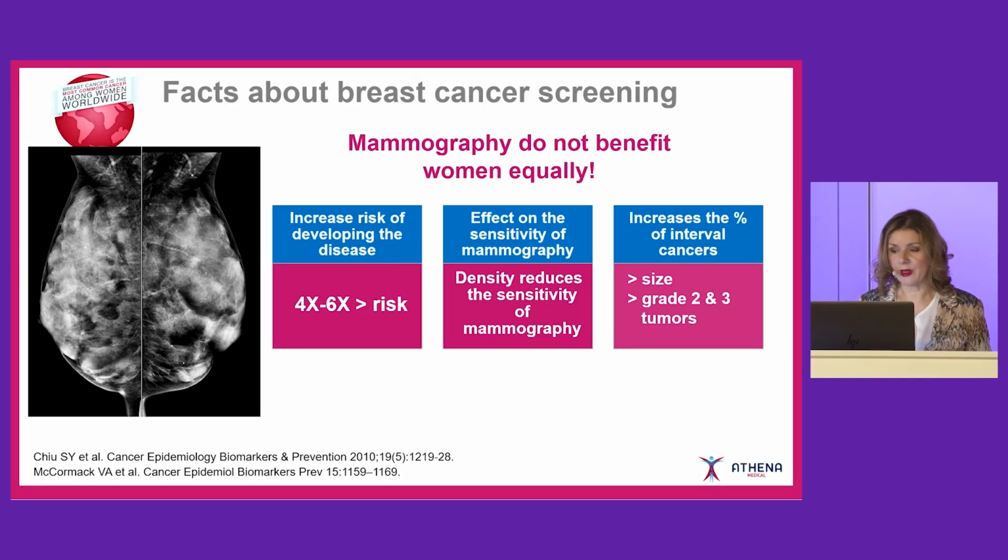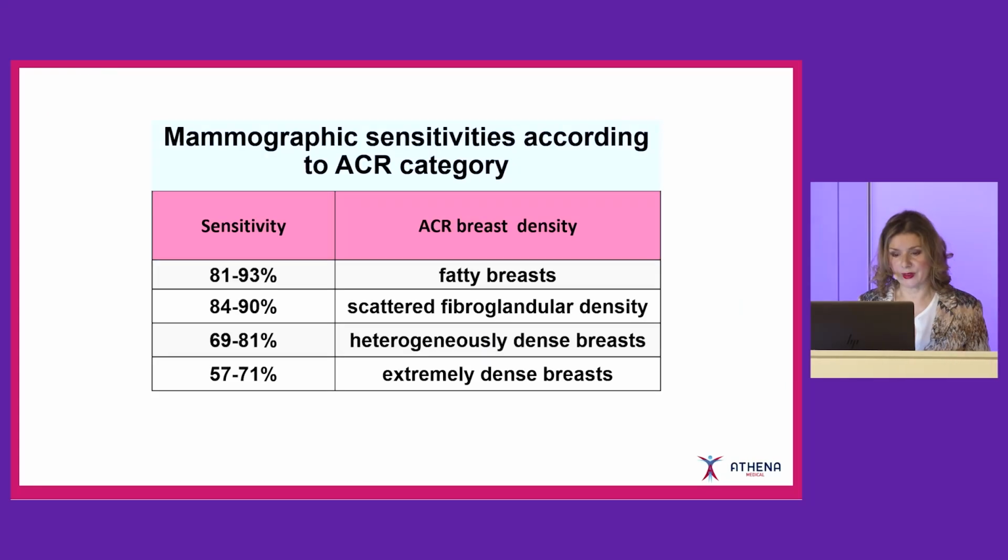Therefore, these women are usually diagnosed with cancers at a larger size and also greater grade 2 or 3 tumors. Also, we have an increased risk of having interval cancers in these women. Besides that, it is necessary and important to realize that these women have high risk of developing the disease.